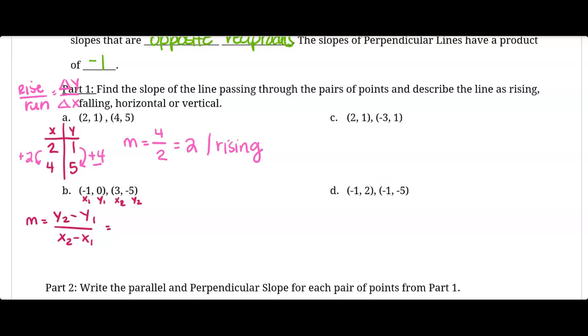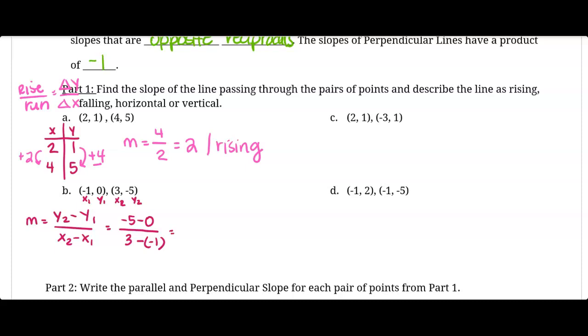It doesn't so much matter which one you label as 1 and 2, but it does matter the order you put them in the fraction. Whatever order you put on top should also follow on bottom. So if I do -5 minus 0 on top, I need to start with 3 on the bottom and minus the -1. That's what makes the formula a little bit trickier than using the table.